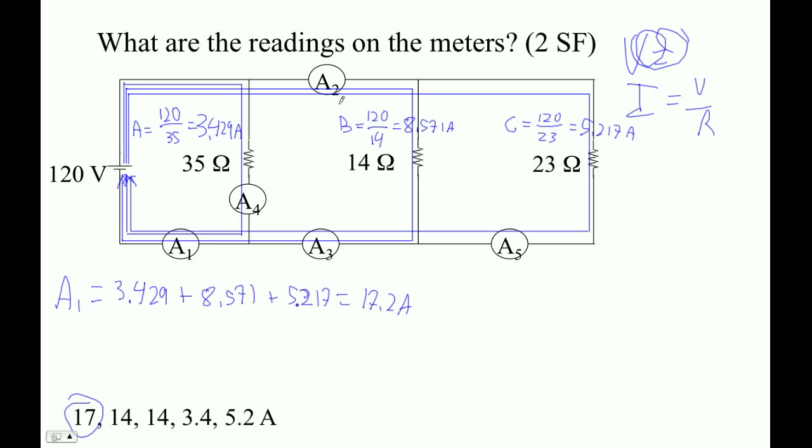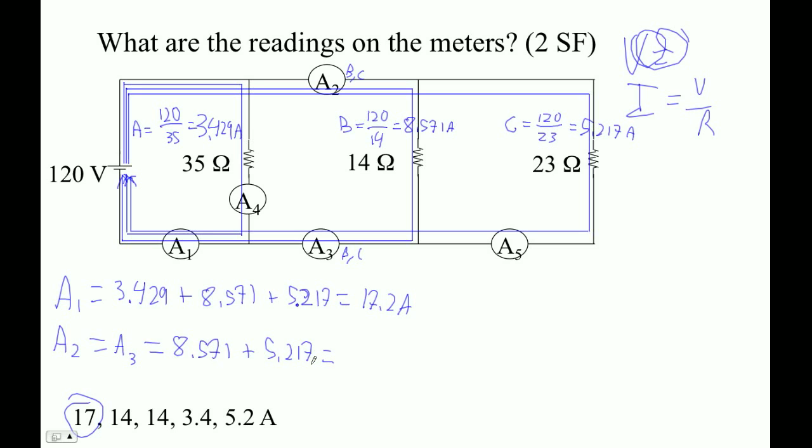Okay, let's see. A2 is going to be the same as A3. It's got the same two currents, B and C, going through it. So A2 equals A3 equals 8.571 plus 5.217.